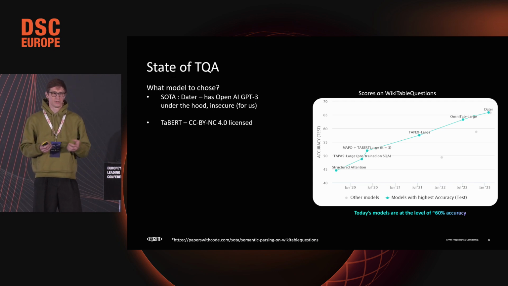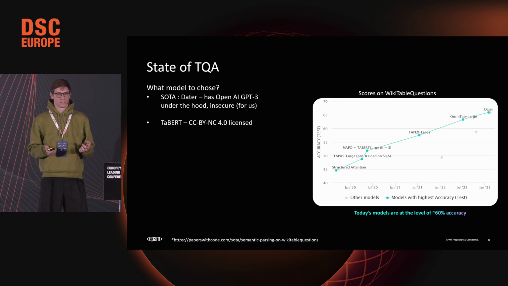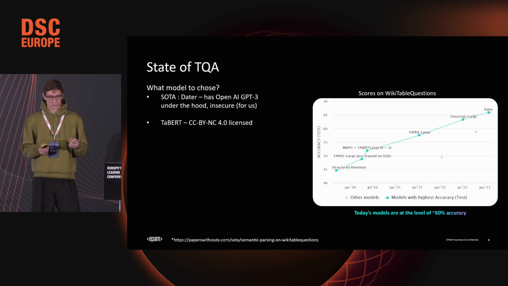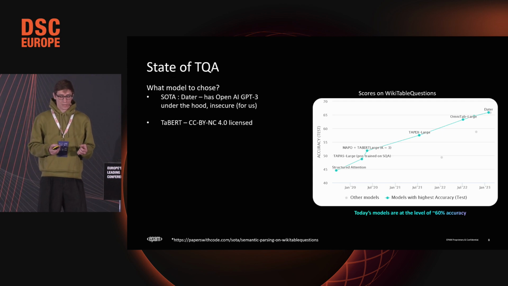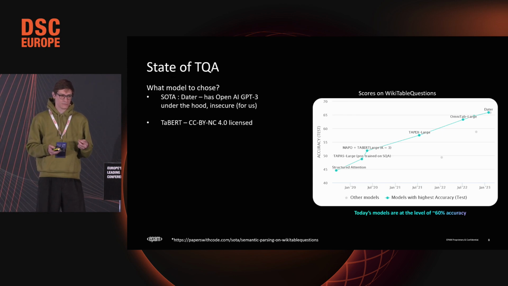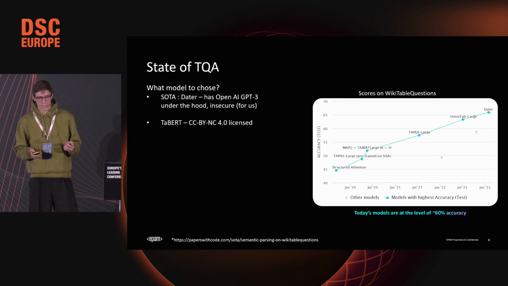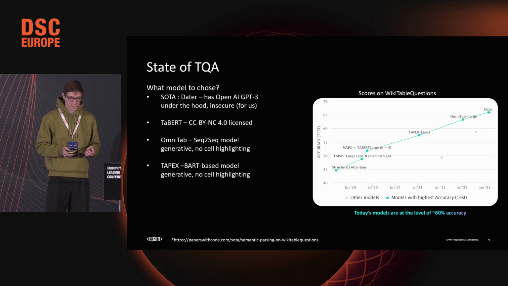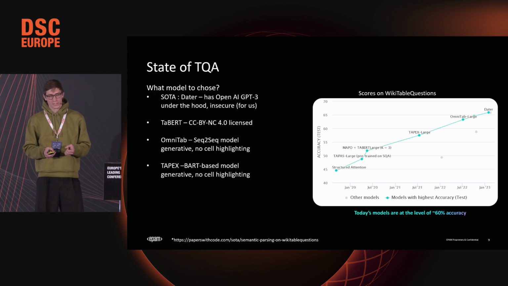It's a system that uses the OpenAI API under the hood, and it doesn't suit us because we do not find that secure enough. We also have a TAPEX model in the list, which doesn't have a license that allows us to use it commercially, so we also skip that. The other two models are OmniTab and TabT5.